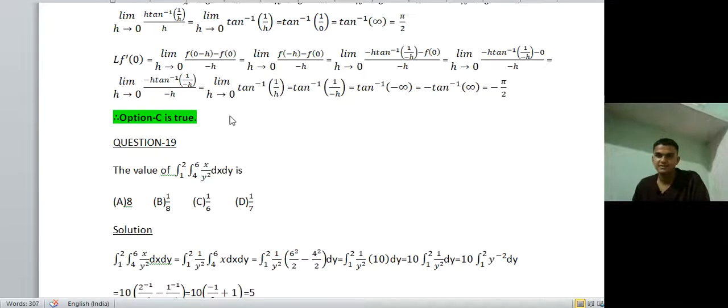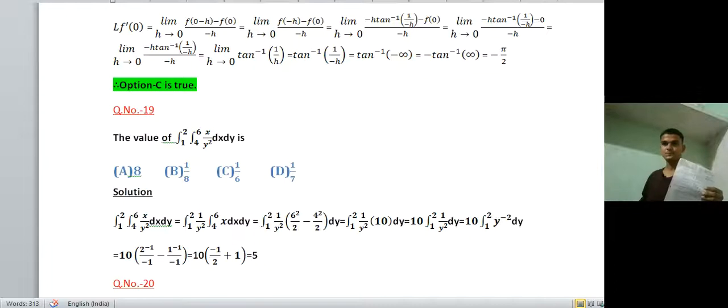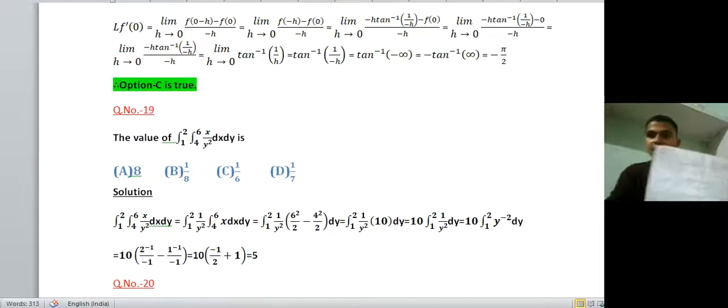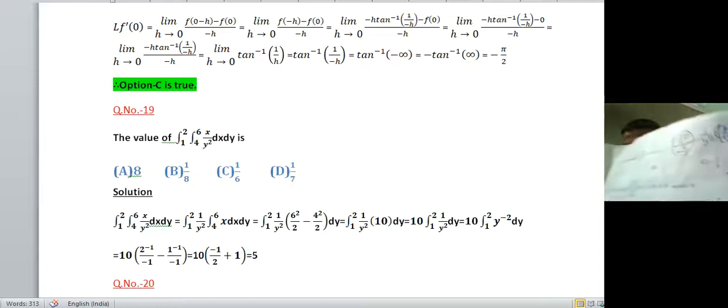Okay, so you can see question number 19, and this is simply a double integration question. Actually there is a mistake in this question in the CPET 2021 question paper. You can see the options of this question.